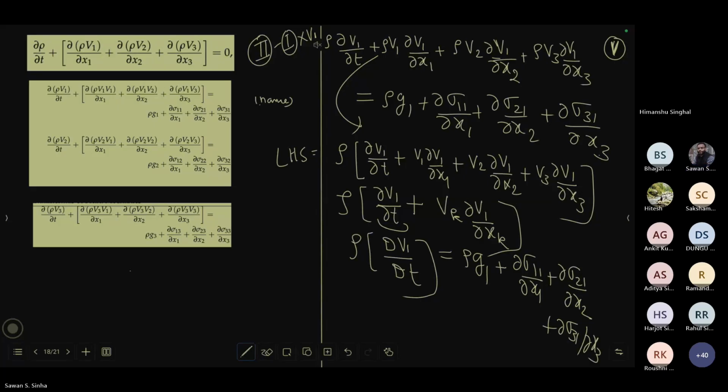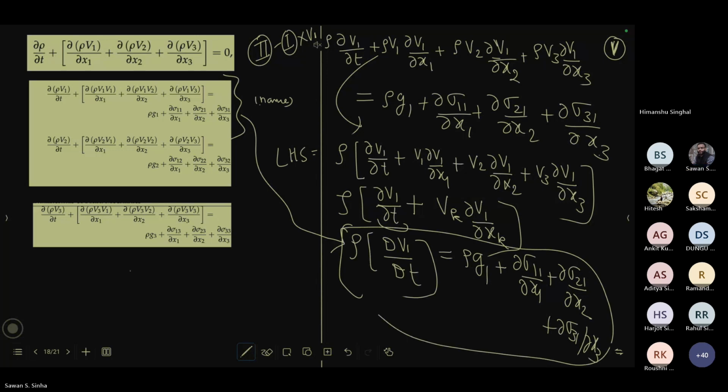Compare this equation here with this equation. I hope you will agree that it looks simplified. Not only does it look simplified, but the operator on the left hand side has a crystal clear physical meaning. dV1 dt is what?